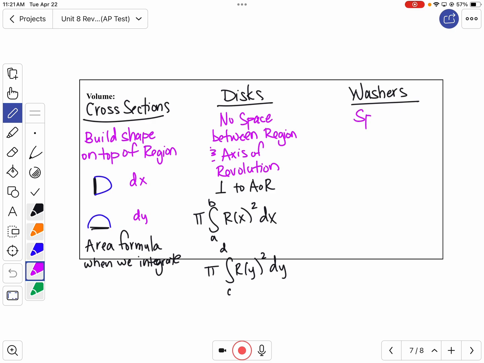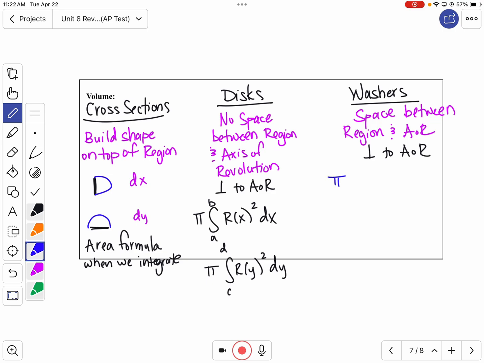And then washers are where we have space. Still perpendicular. This time we have the big radius, that's the top of the region. The little radius is where the hole would be. But we're still doing a cylinder.